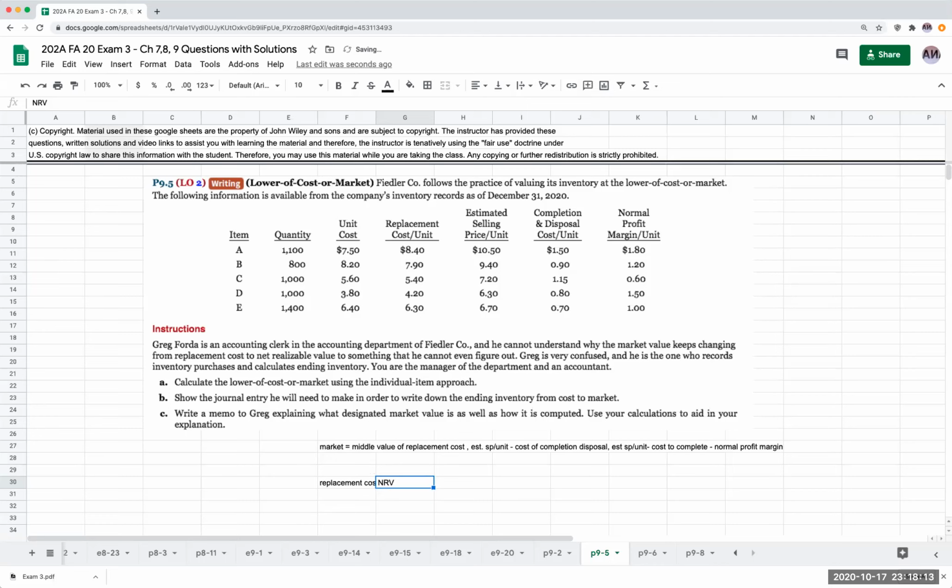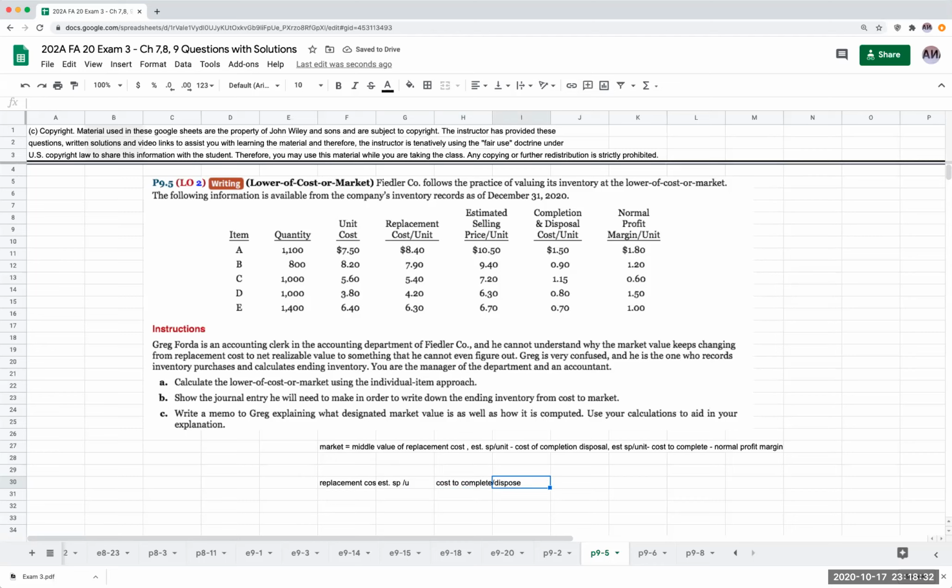What is net realizable value? We have estimated selling price per unit, AA. We have cost to complete and dispose per unit, BB.